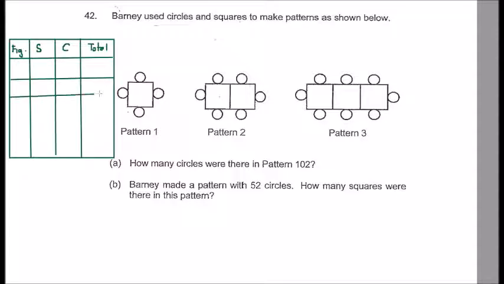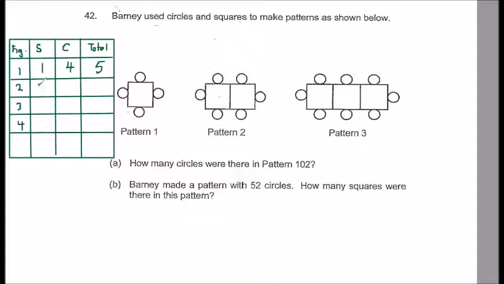So we need to draw a table so that we can see the trend. There is a certain pattern to how the numbers will change as the figure number increases. So we have figure 1, figure 2, figure 3, figure 4, figure 5, and so on. In figure 1, I have 1 square, 4 circles, total 5.